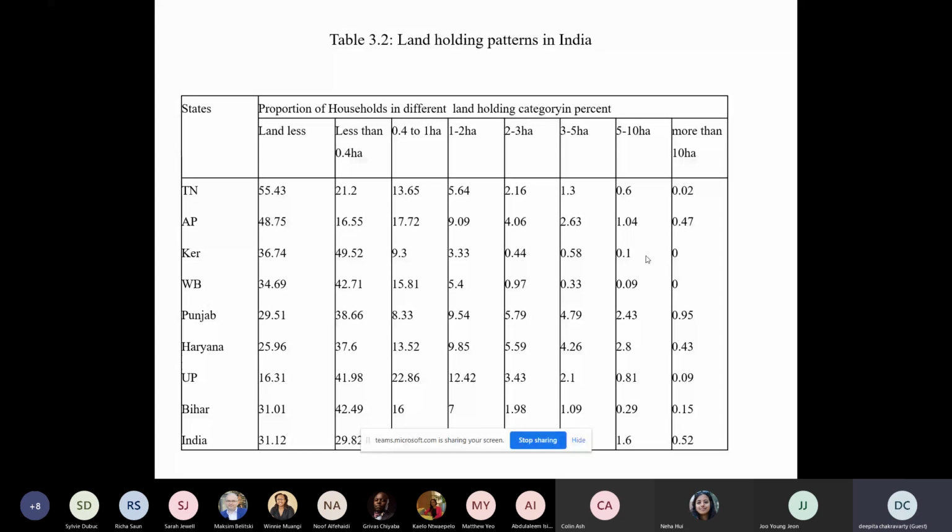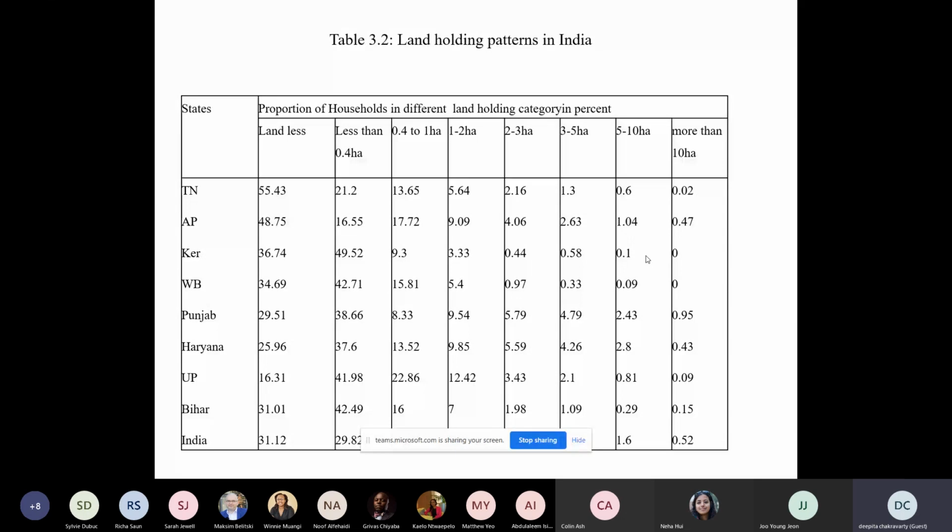So the similarity between the other eastern Indian states and West Bengal is this: the question of low incidence of landlessness and a relatively higher concentration of people in the group of small holding agriculture.